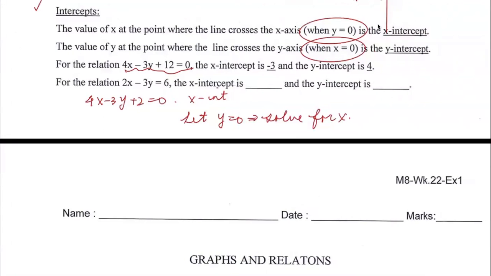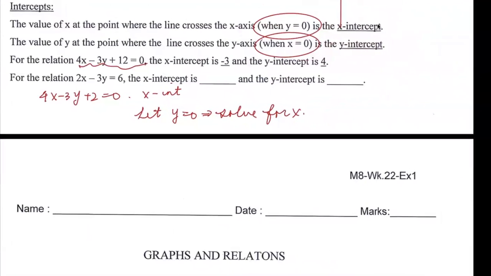Okay, so let's do it. If we let y be 0, then the equation becomes 4x minus 3y, and y is 0, so 3y is 0, plus 12 is equal to 0. Sorry, it's not 2, it's 12.